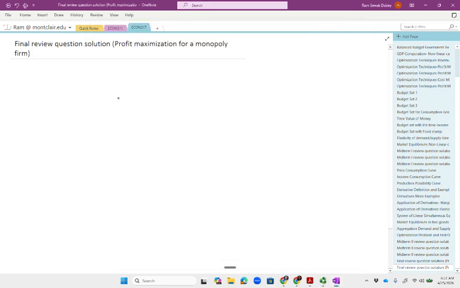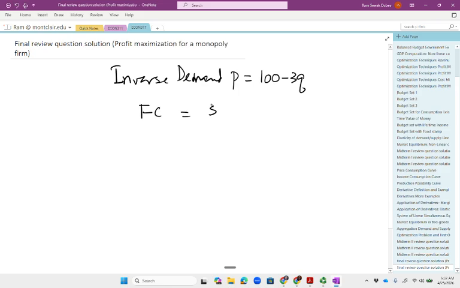So we have the inverse demand for the monopoly firm given by P, price, is equal to 100 minus 3Q, where Q is the output. We are also given that the fixed cost is $25.